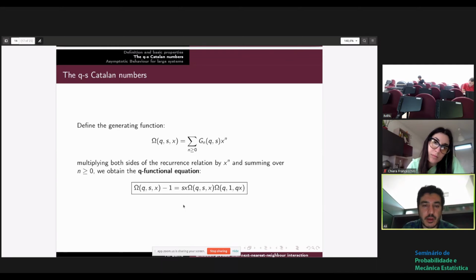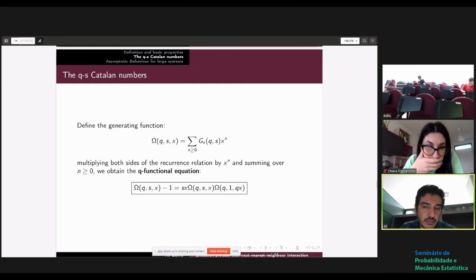Okay. Now, something else that is very useful is the generating function of the q-Catalan numbers, which is defined this way. Simply, you sum over all n of Gn q s x^n, and this is interesting because now you can convert the previous recurrence relation into a q functional equation.